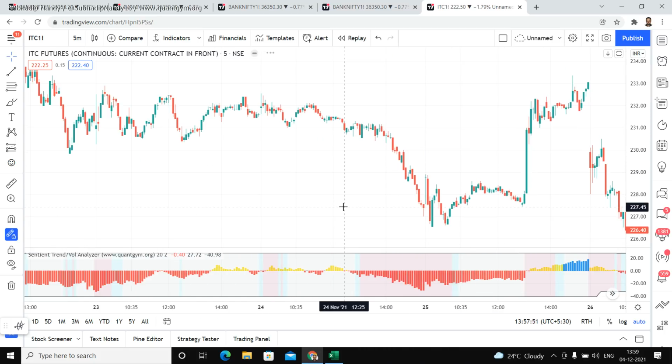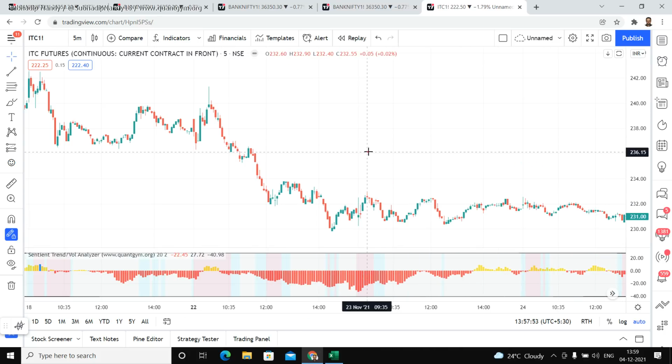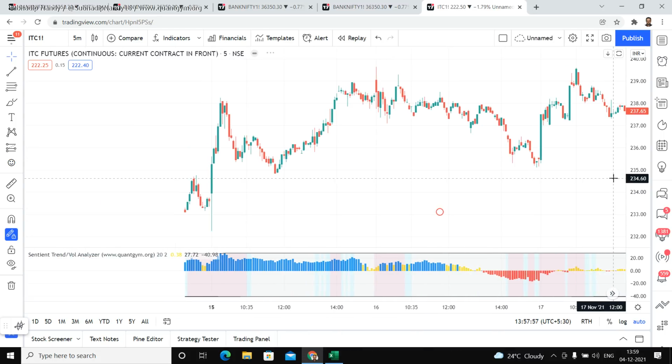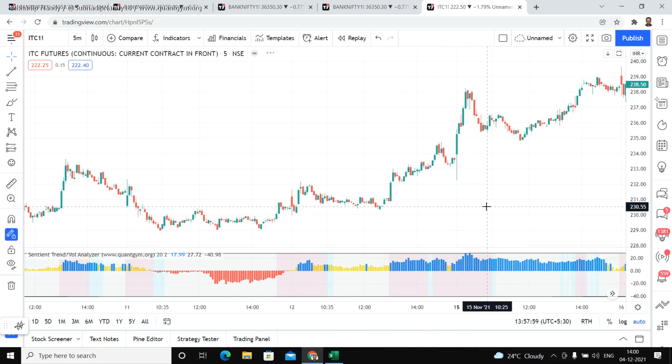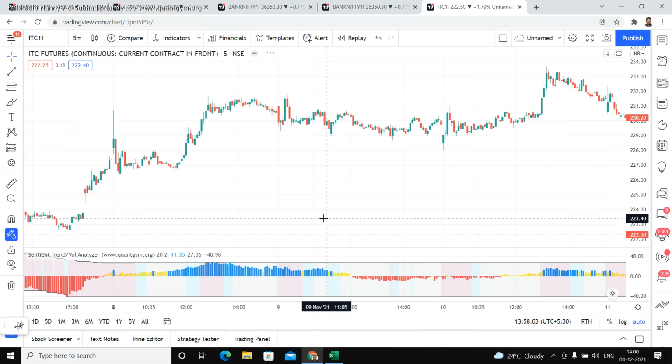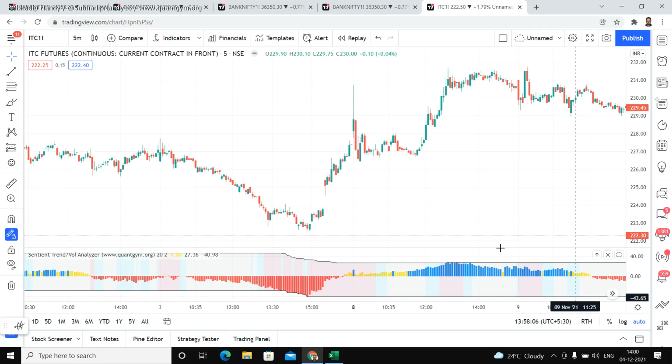What I want to show you is there is this move from 210.